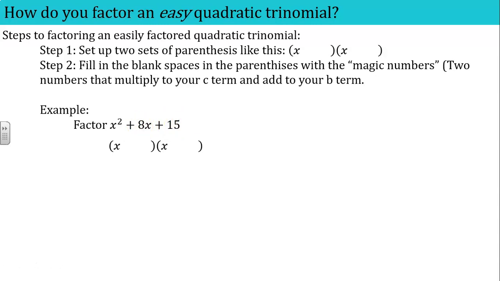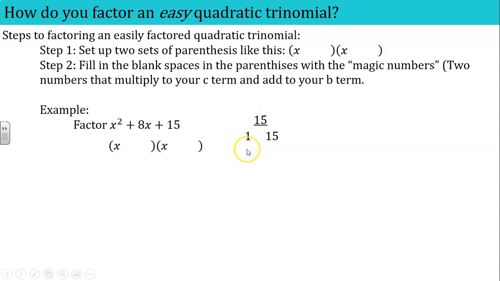If you're really good at your times tables, you might just be able to come up with this in your head. If you're not, I would highly encourage you to come up with an organized list. So right now I'm going to create a list of the number pairs that multiply to 15. If you do this in an organized fashion, it's going to keep your life a lot easier. So I start with the smallest number, 1 and 15.